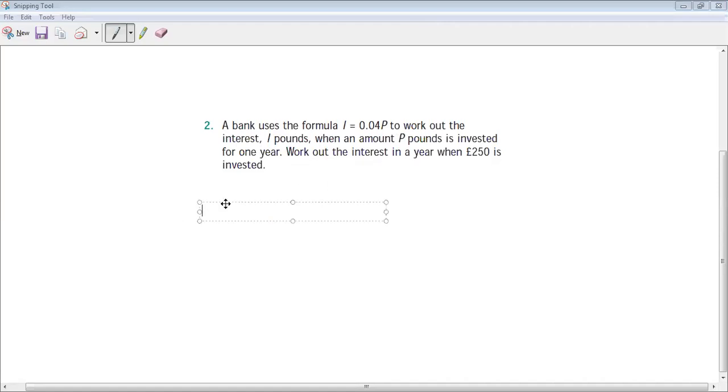So our formula is I equals 0.04P. So we're trying to find I, which is equal to 0.04 multiplied by P, where P is replaced by 250, which gives me 0.04 times 250, which is £10. And that's the interest.